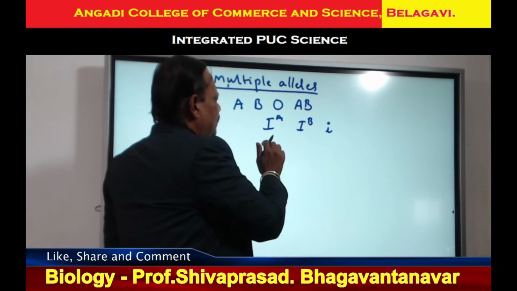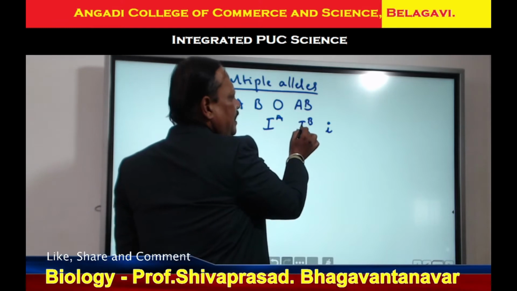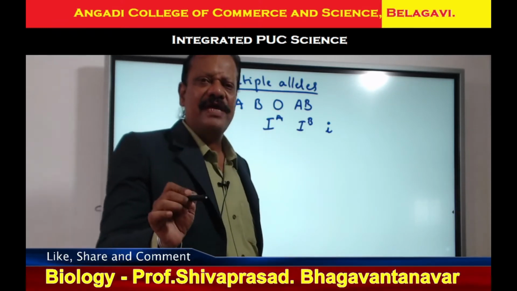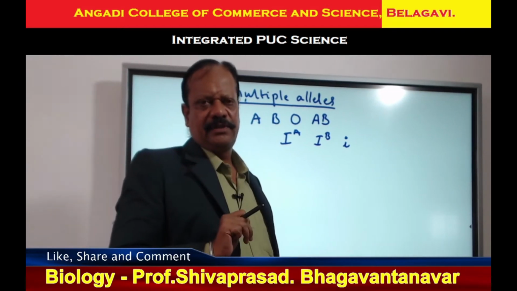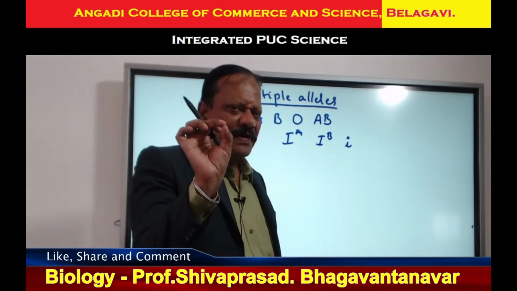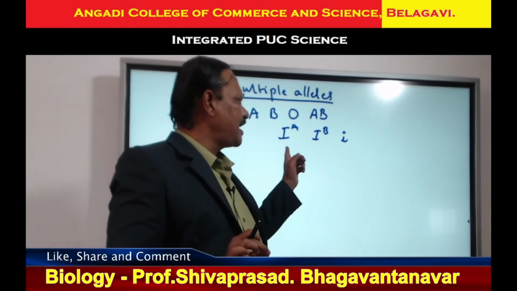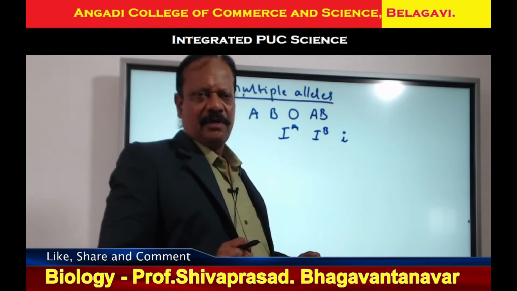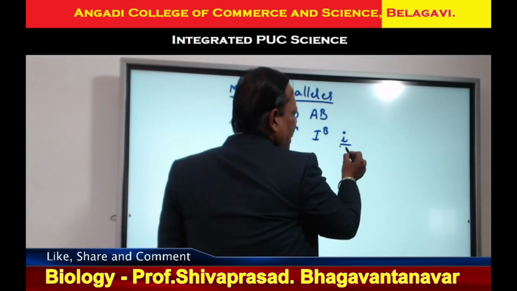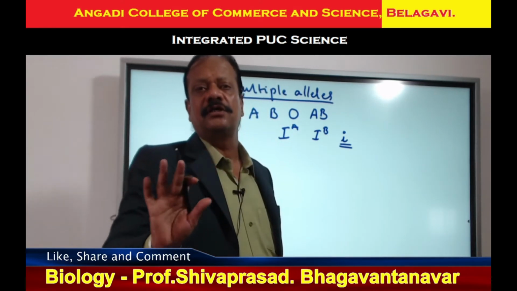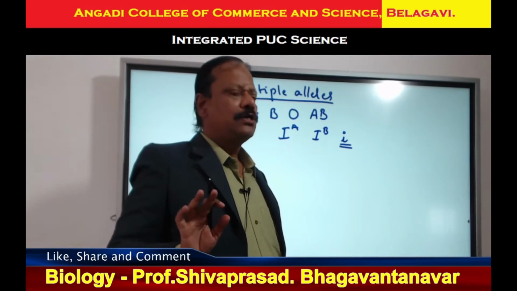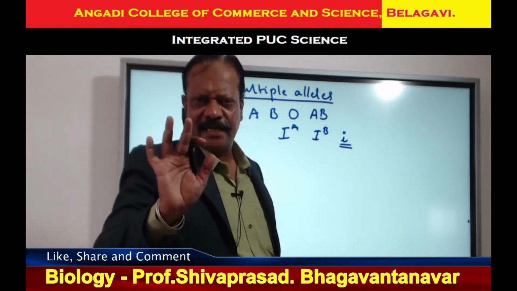Now see, IA and IB have slightly different sugars. But small i does not have any sugar.